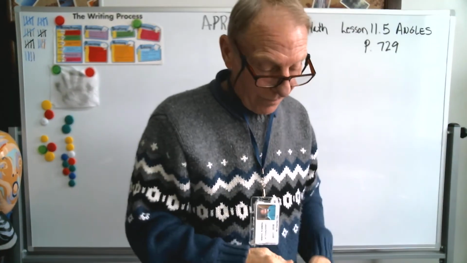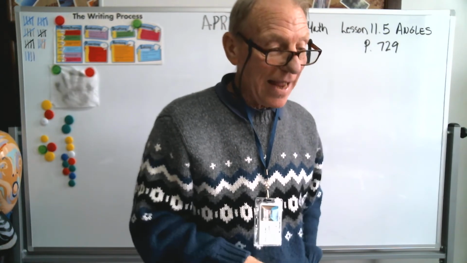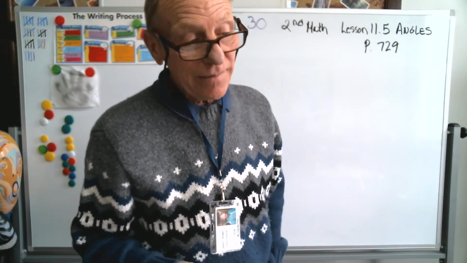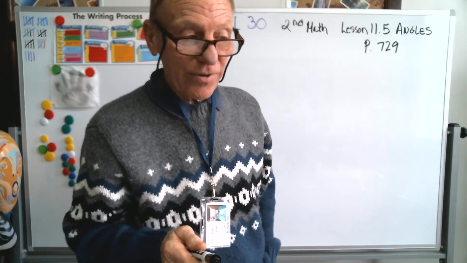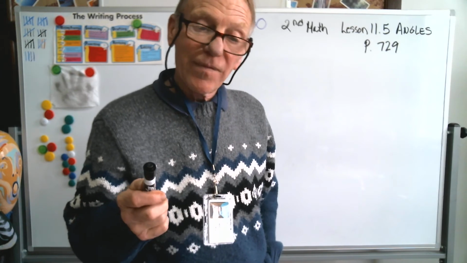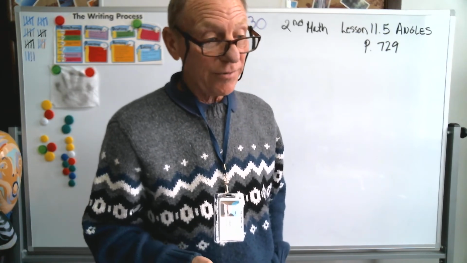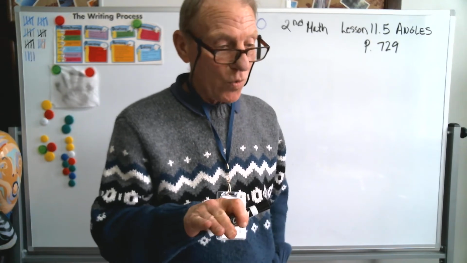Number 12. Fill in the bubble next to all the shapes that have 5 angles. And again, 5 angles, pentagon, 5 sides, 5 angles. The first one has 6 sides. That would be a no-go.